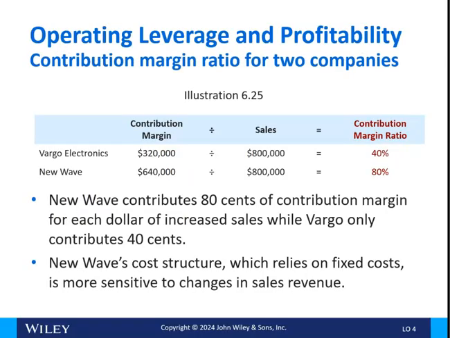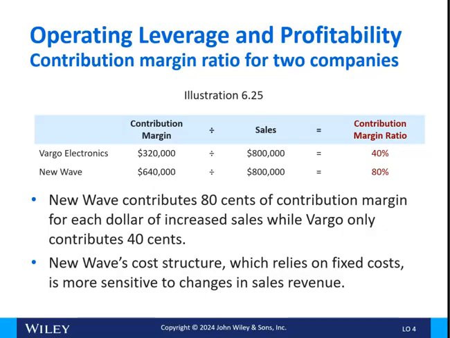We looked at the contribution margin ratio again on that CVP income statement, 40% for Vargo, double that at 80% for New Wave. So 80 cents of contribution margin for each dollar of increased sales for New Wave, while Vargo is only 40 cents.